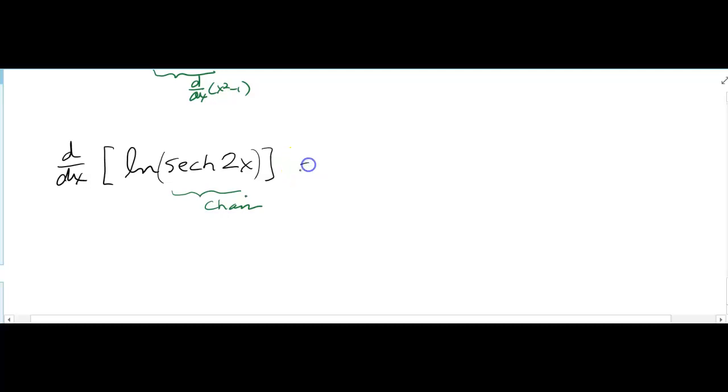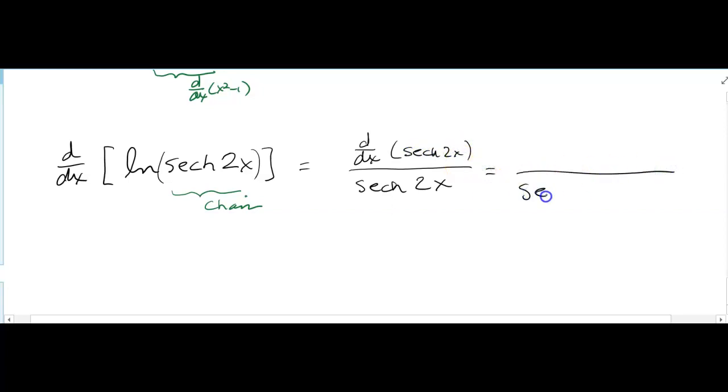All right, chain rule. When we're dealing with a natural log, we know it's always 1 over, so start there. And the numerator is always d/dx of whatever you were taking the natural log of. The hyperbolic secant of 2x is in the denominator. So what was the derivative of sech?